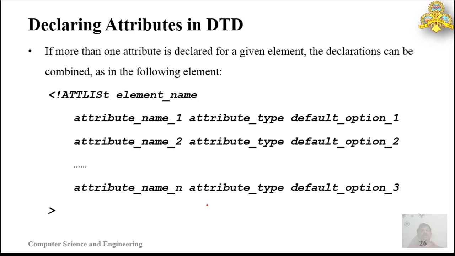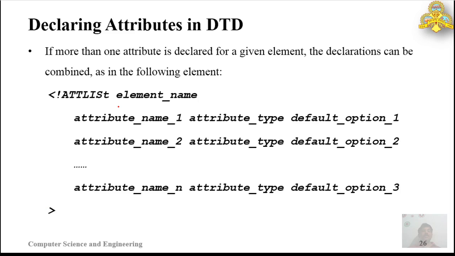We'll go for the example later. An element can have more than one attribute. In that case, we have to extend the declaration to the next lines.